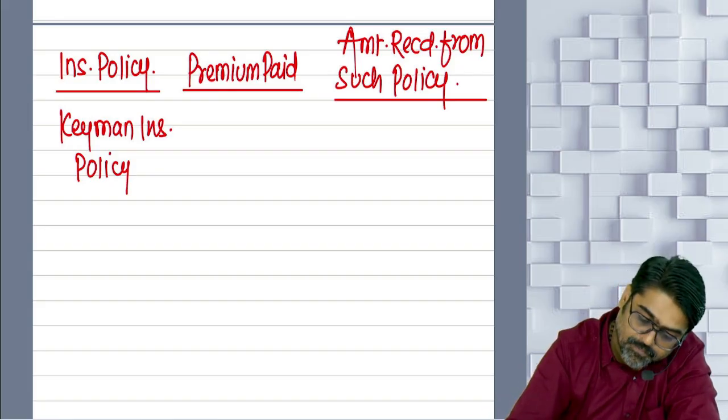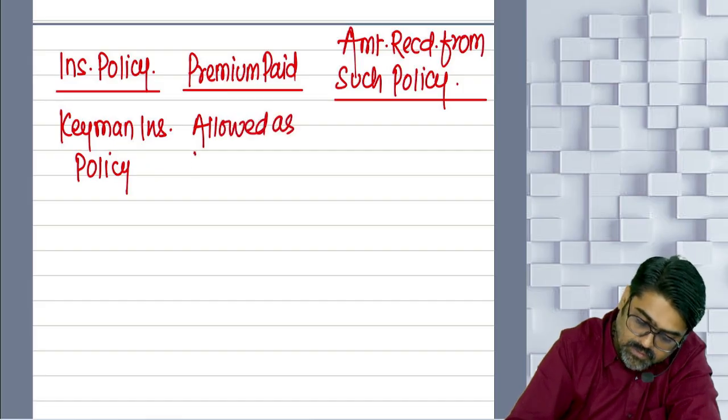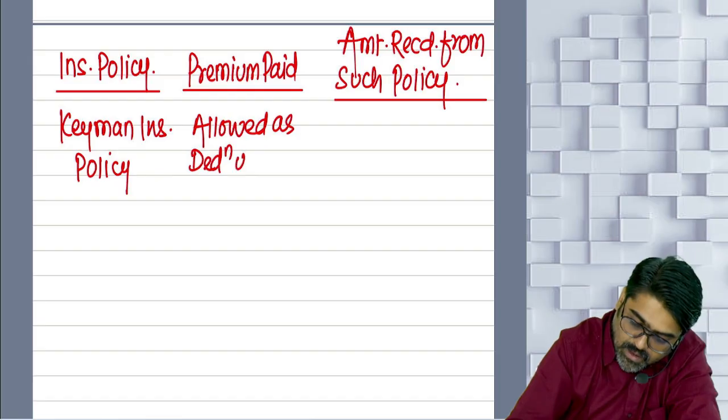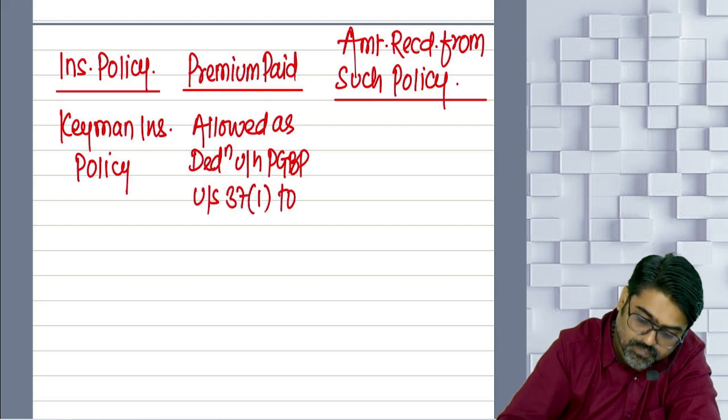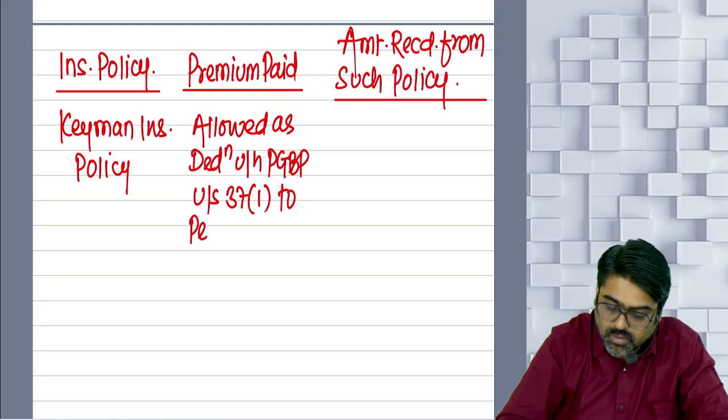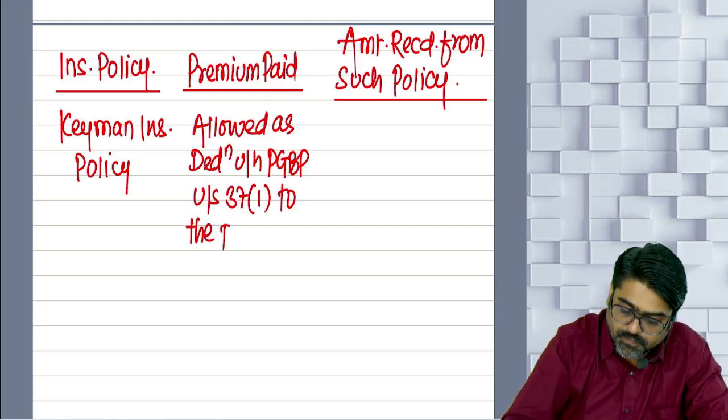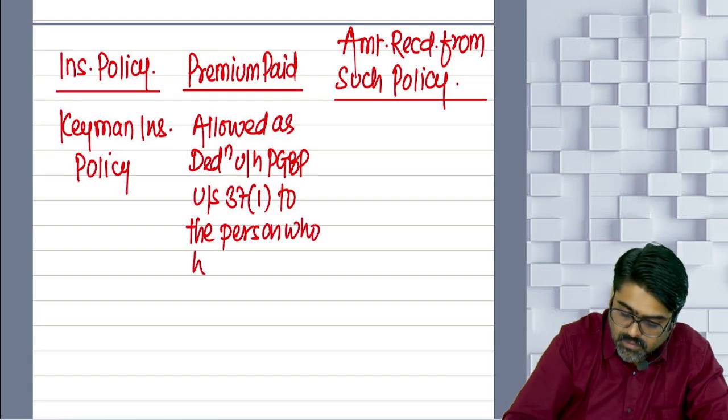So the premium will be allowed as a deduction under the head PGBP, under which section? 37(1), general deduction, to the person who has taken such policy. Done, sir?